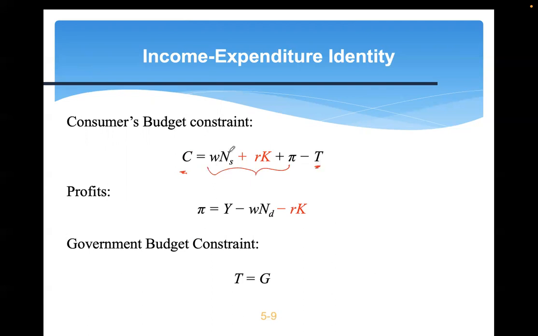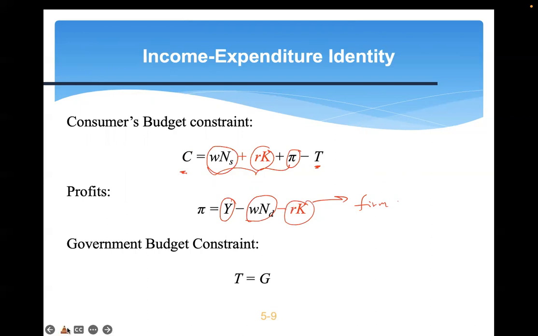What income do they have? This is labor income, capital income, plus some profit. But what's profit? Profit equals revenue minus labor cost, minus the tax, minus the cost of capital. By the way, this comes from the firm.